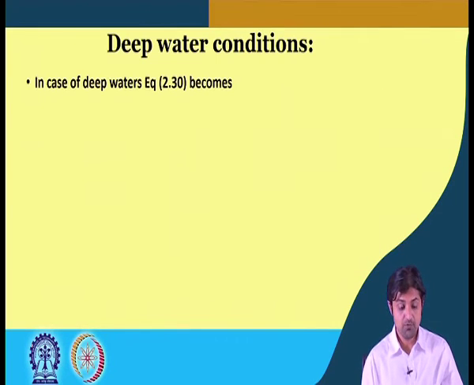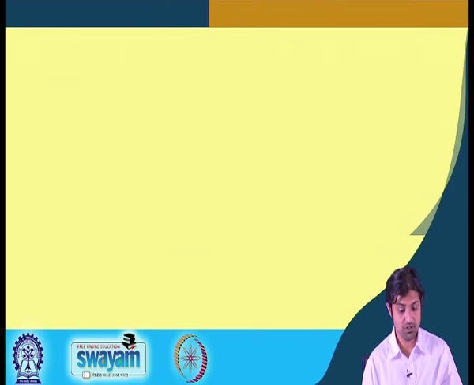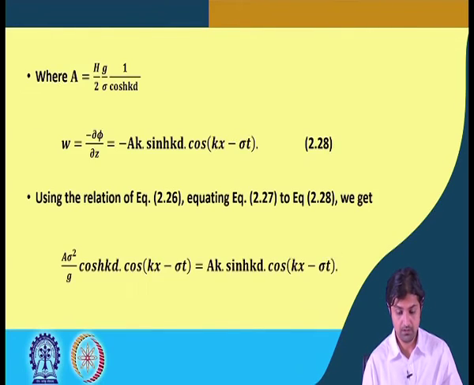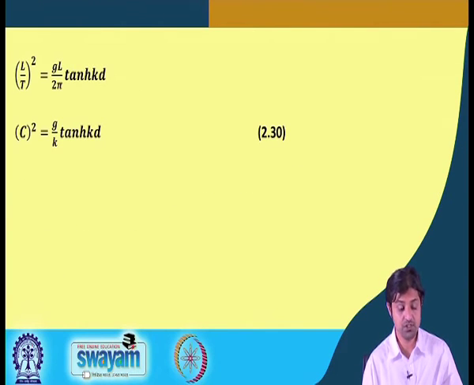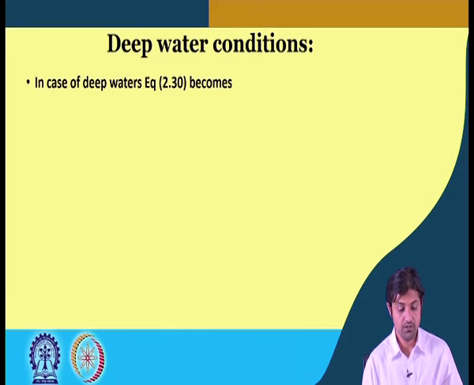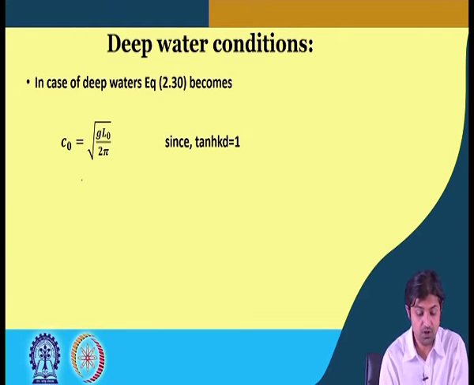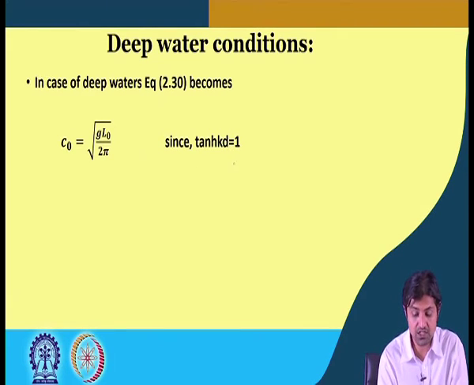Let us take the deep water condition. In case of deep water, what was equation 2.30? Equation 2.30 was C square equals G by K tanh Kd. Now, since tanh Kd is equal to 1, C naught will become the square root of G L naught by 2 pi.